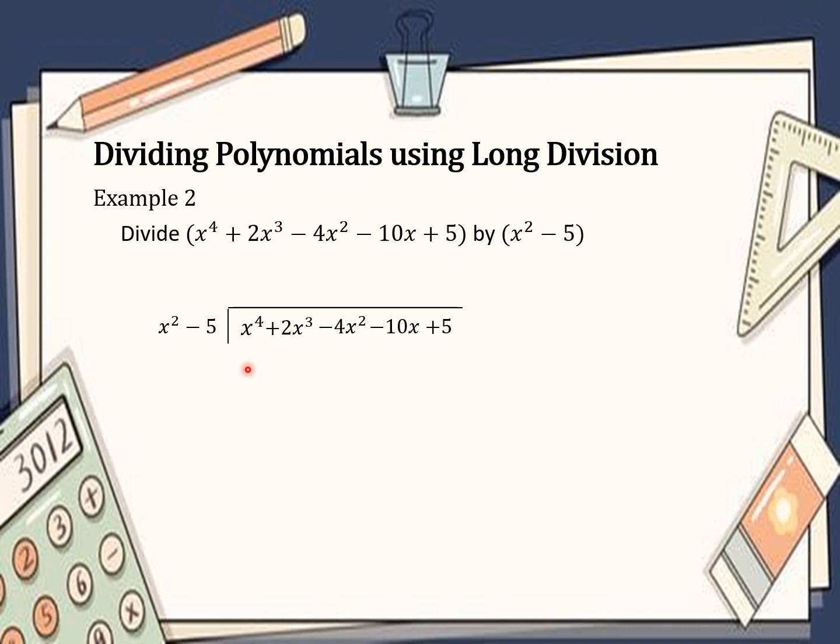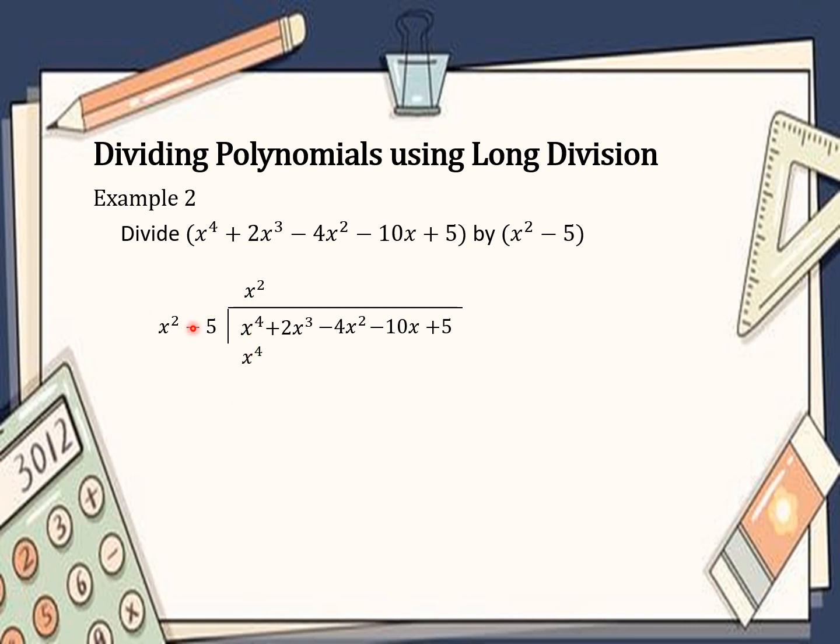What we are going to do first is divide the first term of the dividend by the first term of the divisor. So x to the fourth power divided by x squared gives us x squared. Then x squared times x squared is x to the fourth power.